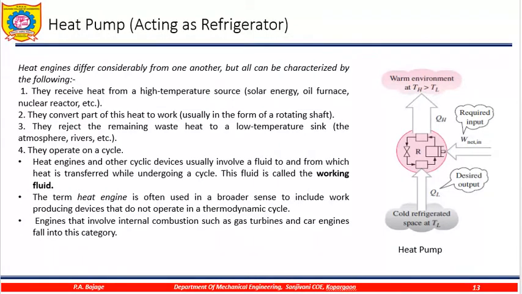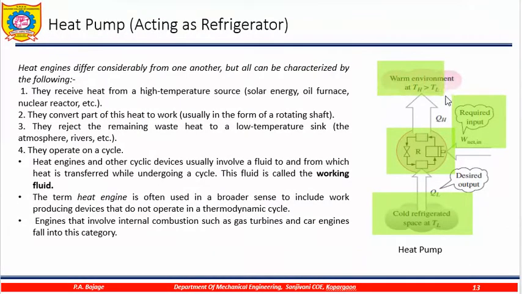Now again we will discuss a refrigerator. How does a refrigerator work? This is a vapor compression cycle. The work input is given here, that is W input. What is the desired output? Here the desired output is heat at lower temperature TL, to maintain a temperature lower than the atmospheric temperature, or the warm environment.